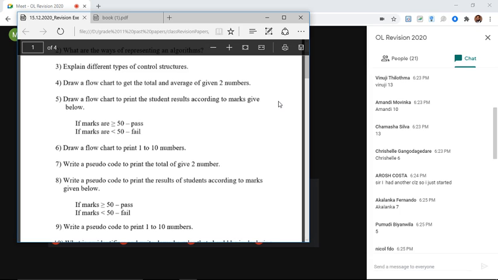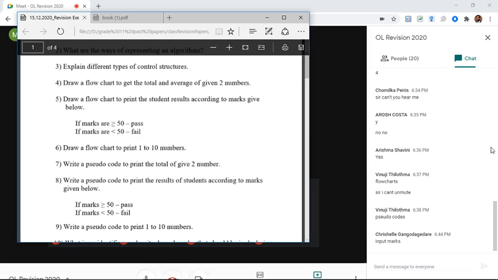Krishna, just tell me what are the inputs for this one? What is the process and what will be the output? Is there any selection? Is there any repetition? Krishna, tell me. What are the inputs to this one? Krishna, can you unmute?